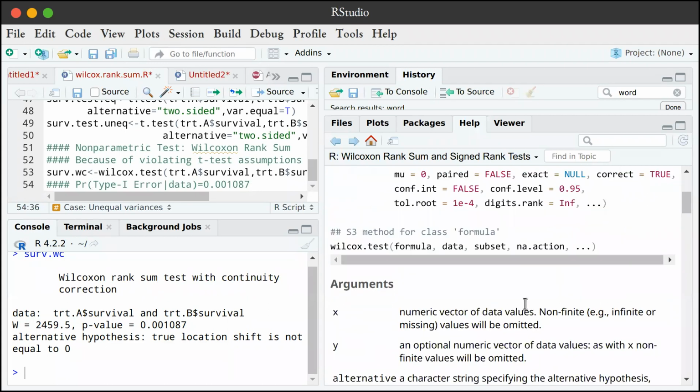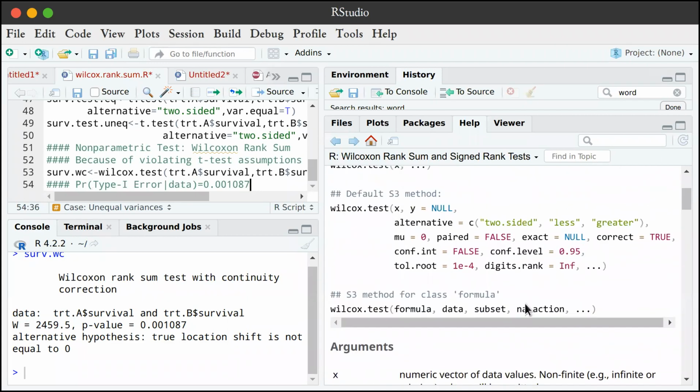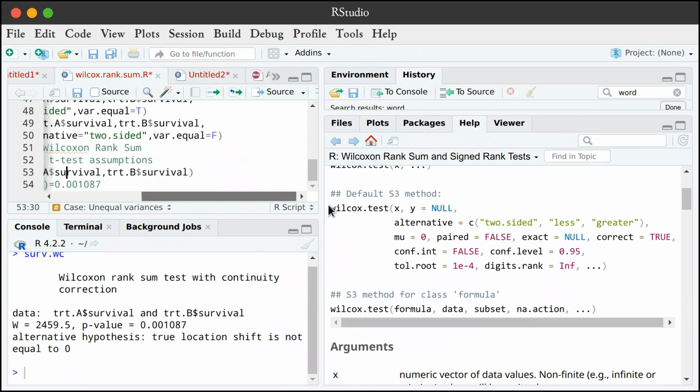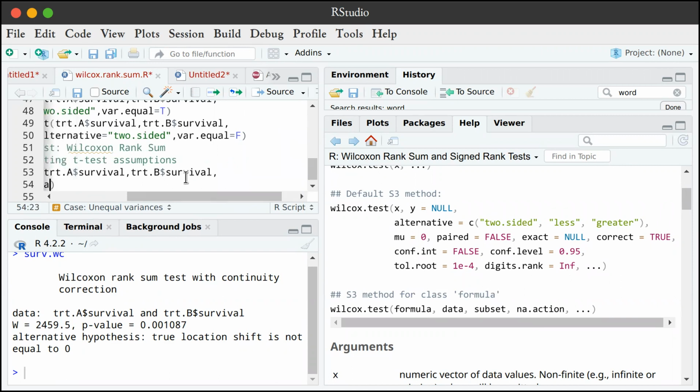Before we jump to conclusions again, let me put the alternative. It has to be greater. I believe the default value is greater, but I don't want to take any chances.